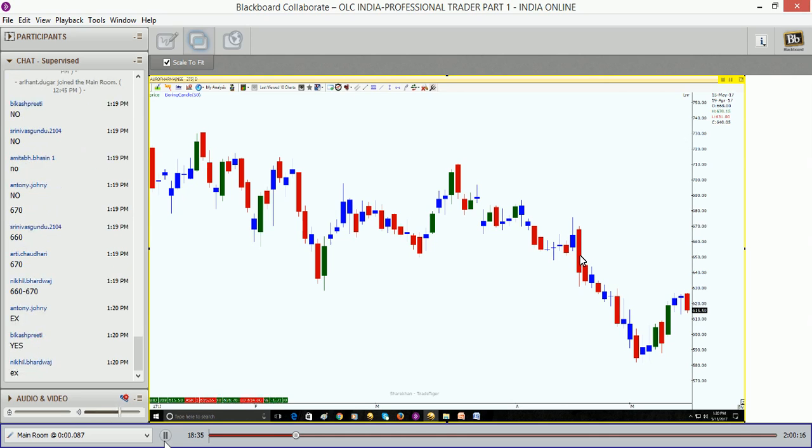You will have to agree that the body portion is much greater than the wick portion, which means this becomes my leg out candle. Now the candle next to this becomes my base candle because it is boring. What about the first one over here?